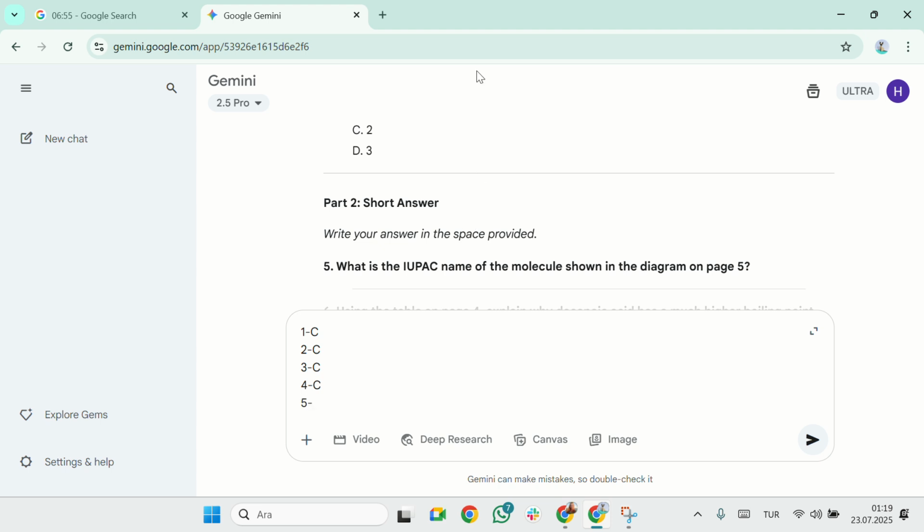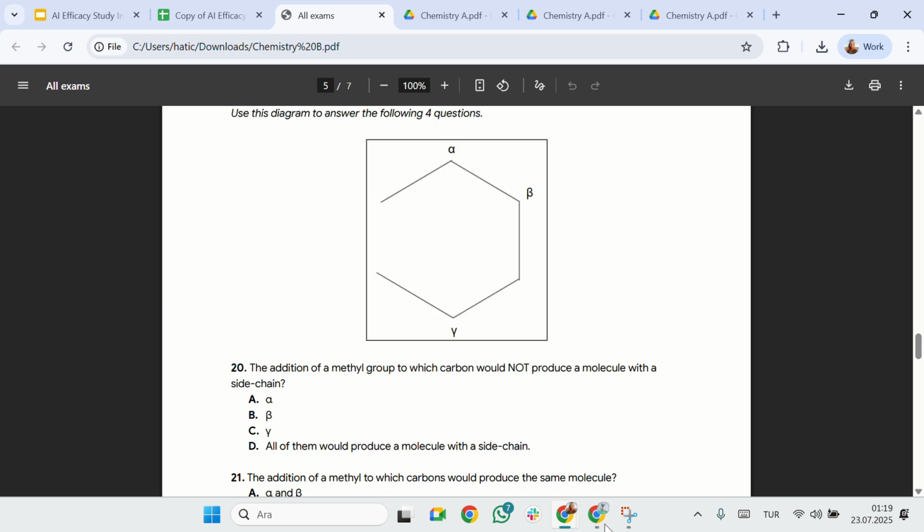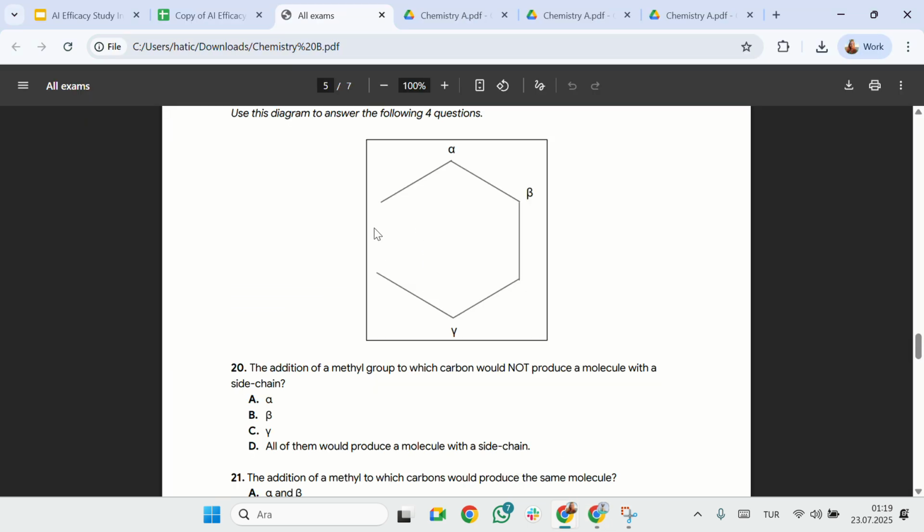Write the answer in the space provided. What is the IUPAC name of the molecule shown in the diagram on page 5? Oh, okay. Interesting. This is a chain. 1, 2, 3, 4, 5, 6. Butane, hexane, heptane.